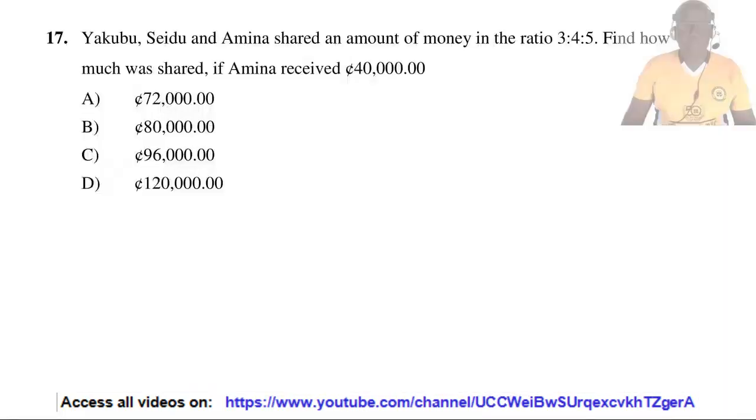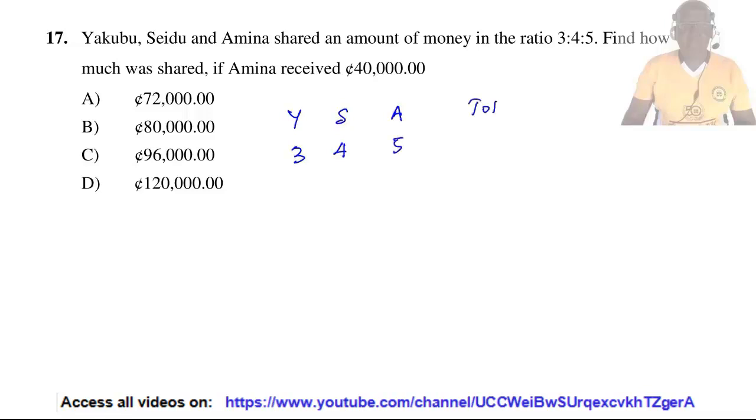Question 17. Yakubu, Seidu, and Amina shared an amount of money in the ratio 3:4:5. Find how much was shared if Amina received 40,000 cedis. Yakubu, Seidu and Amina shared the money in the ratio 3:4:5.